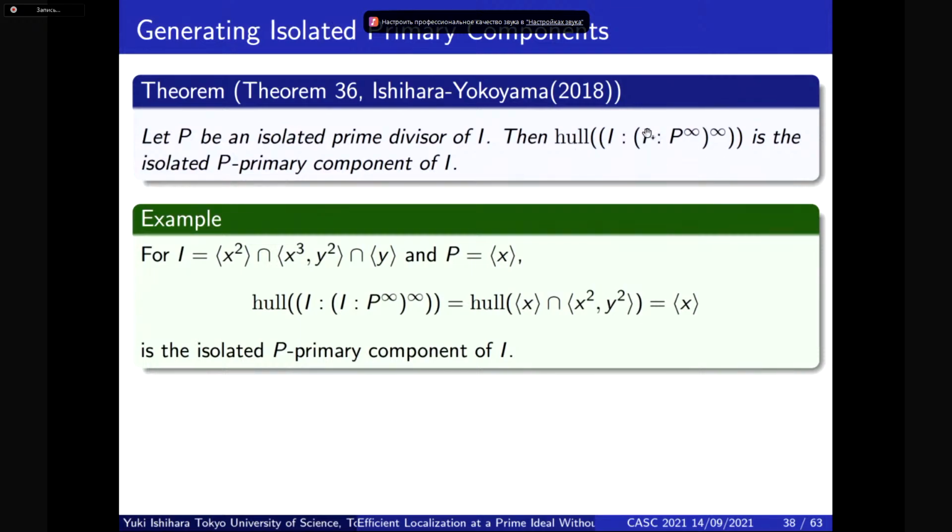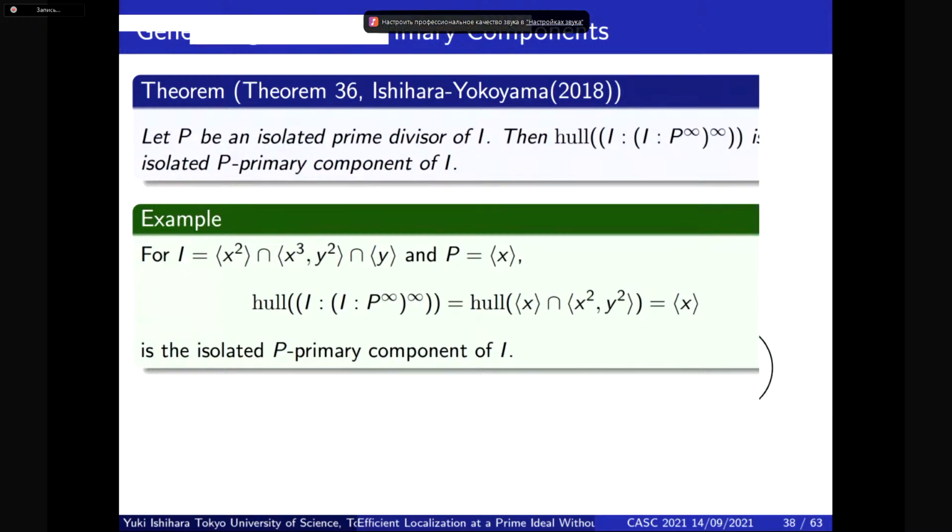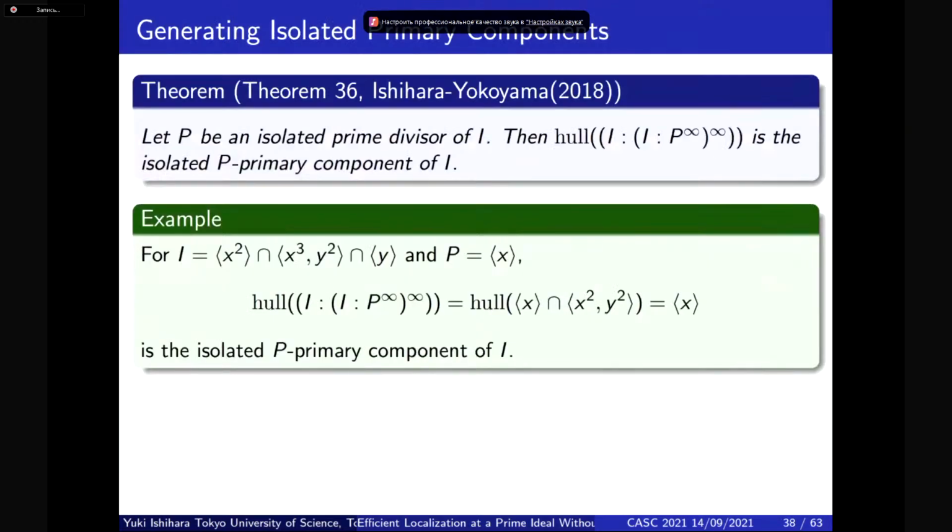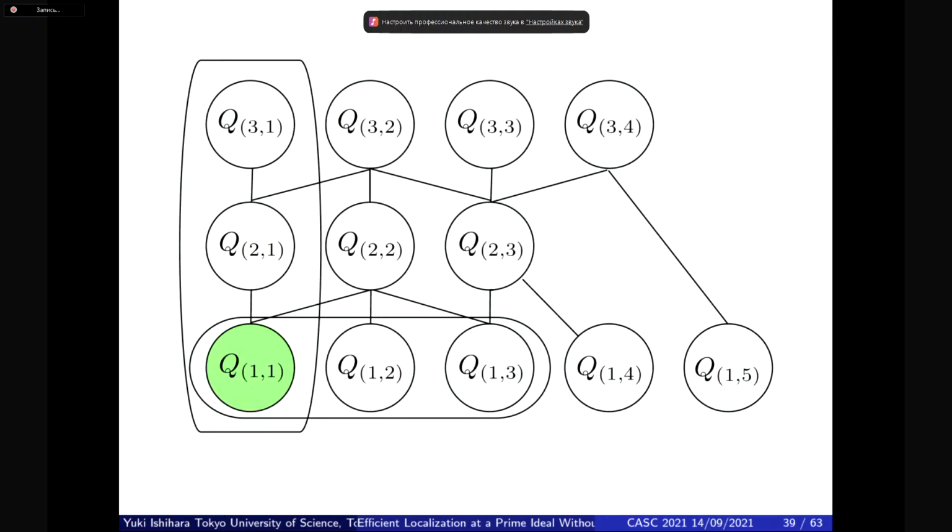So the equidimensional hull of the double saturation is, in this case, x squared, sorry, this is x squared actually, where P is the isolated parameter divisor of I. So combining localization and column localization, we can compute the particular isolated component like this.